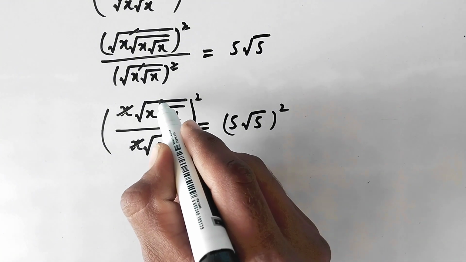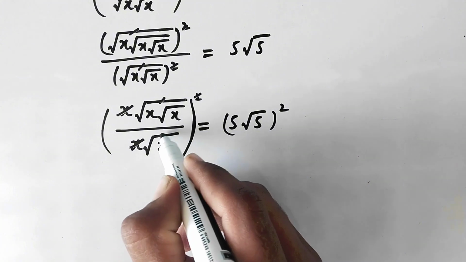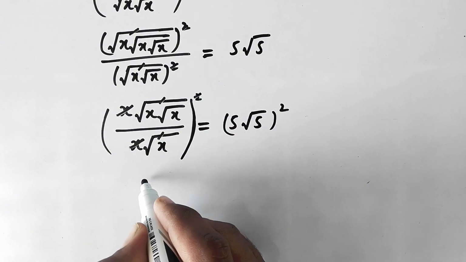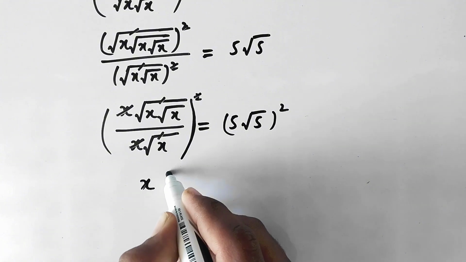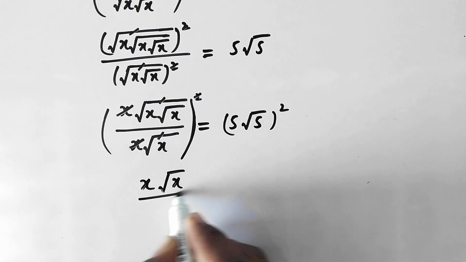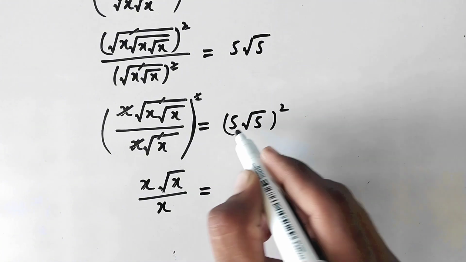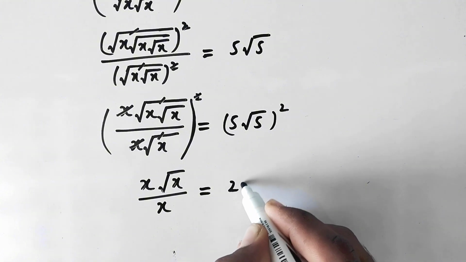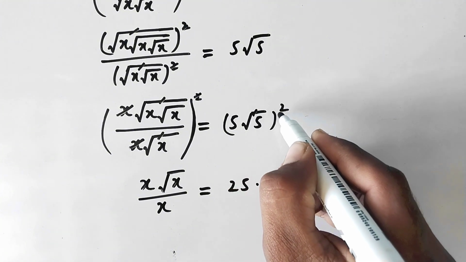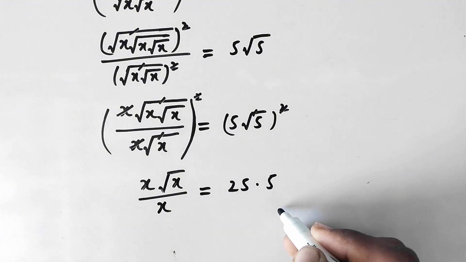So now here this square root will be cancelled by this square, same here this square root will be cancelled by also this square. So here we will get x times square root of x divided by x is equal to square of this 5 is equal to 25 times this square root will be cancelled by this square, so here is 5.